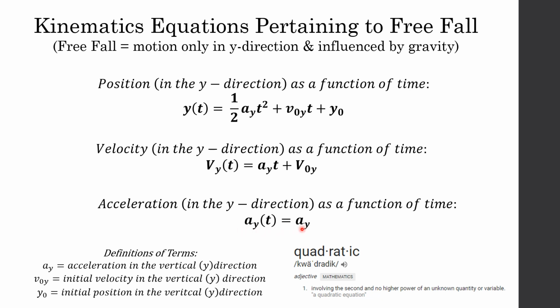If you recall, quadratic equations, second order equations, have constant accelerations, right? So you can see there's no t on the right-hand side of the equal sign, and that's no mistake, because acceleration is constant. Therefore, no matter what value you plug in for t, you would still get the same acceleration out.